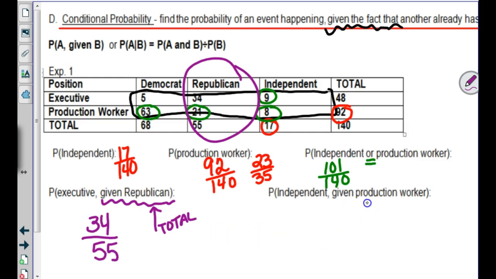So what is this total going to be given they're a production worker? Yeah, independent would be 8 out of what though? 92. Given the production worker, this is going to be the total you use because we can't include all 140 people. If we know it's a production worker, we know we're down to these 92. Okay? So the given part tells you what the denominator is.